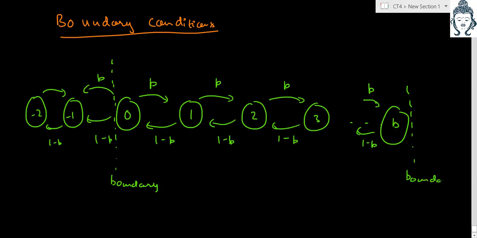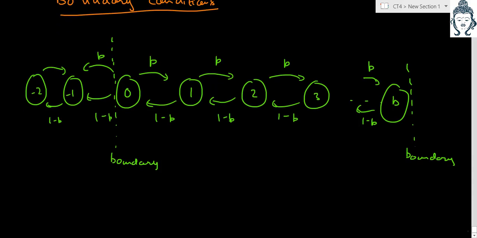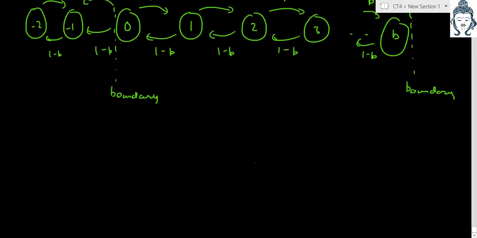Now with boundaries, you cannot just draw them, you need to define them mathematically too, okay? You cannot just say that I've drawn boundaries and I'm done. Mathematically we have 3 types of boundaries, and what they do is they do not let the process go beyond these points, right?